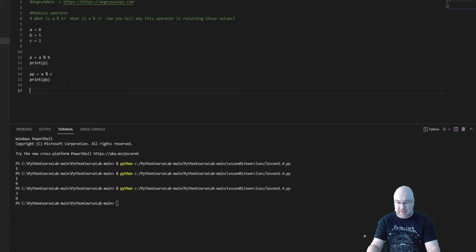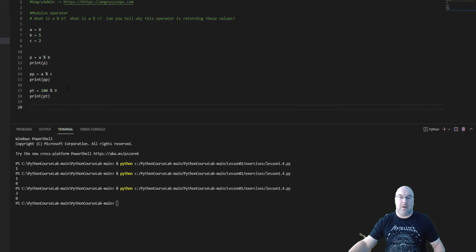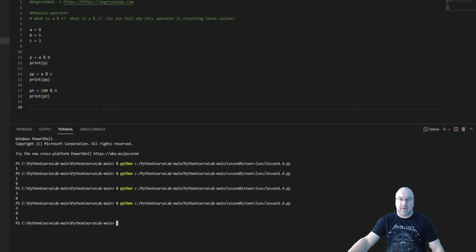Okay, let's see maybe a few more examples. So let's say 100 modulo 9. Print. Now, who knows what would be the outcome? Let's check. It's 1. Why is it 1?